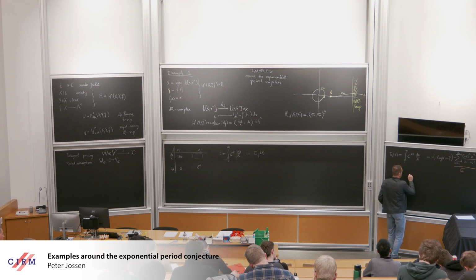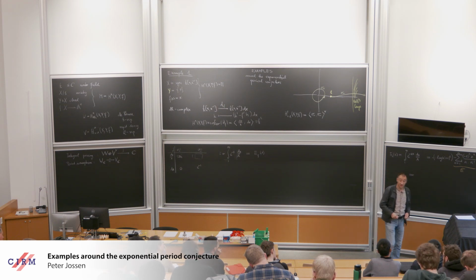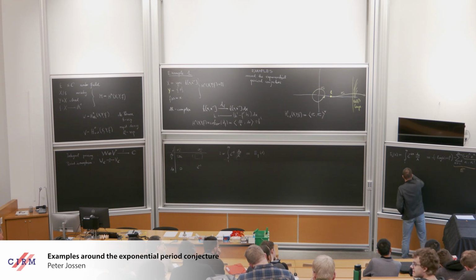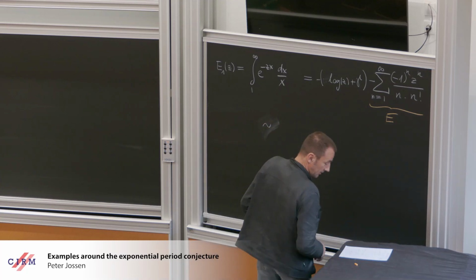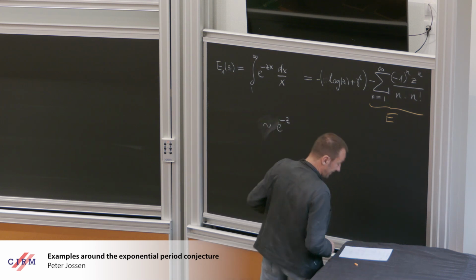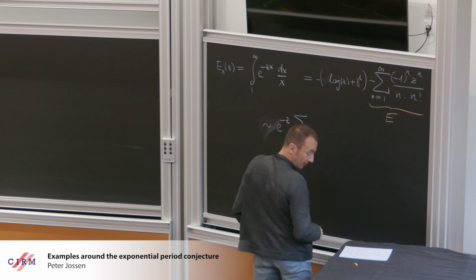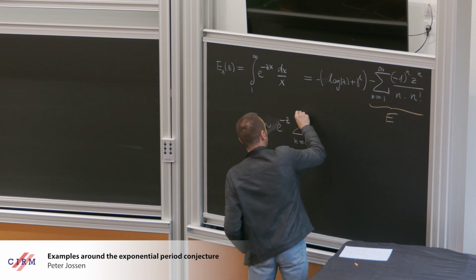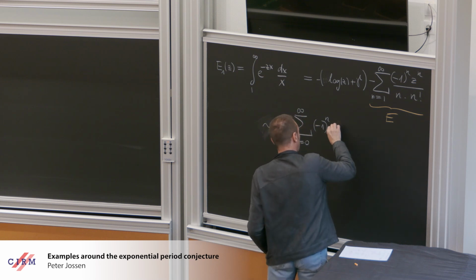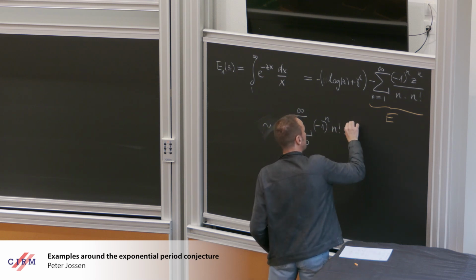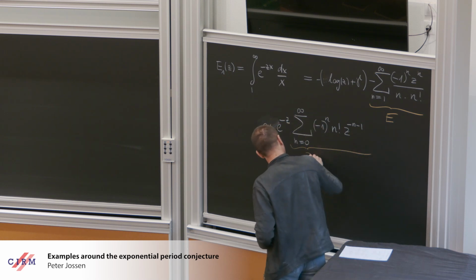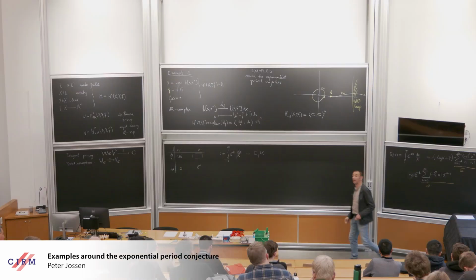I can also give you an asymptotic expansion of the same function at infinity. So equality is maybe not what I want to say, but it's asymptotic to e to the minus z times a power series, n goes from 0 to infinity, minus 1 to the n times n factorial times z to the minus n minus 1. And here, this part is an A function.